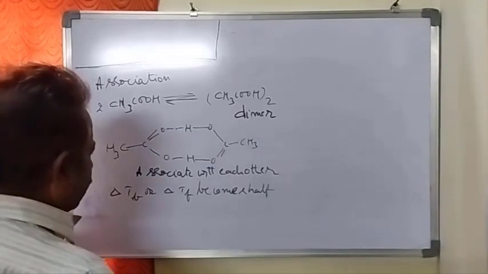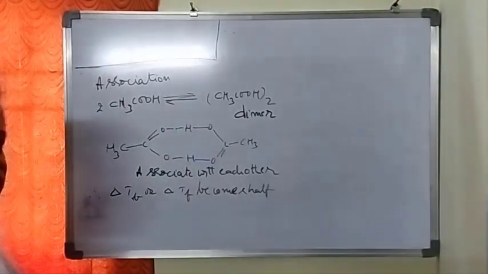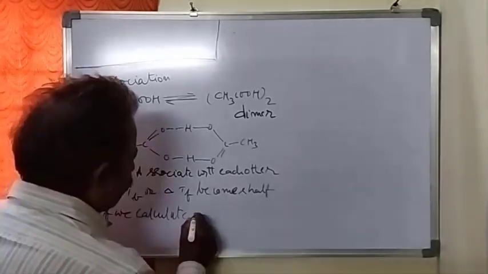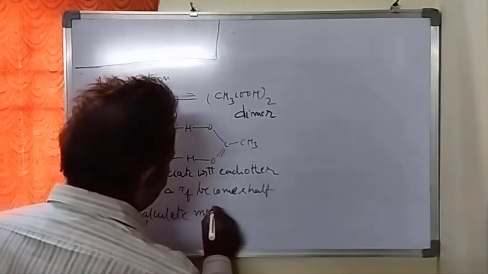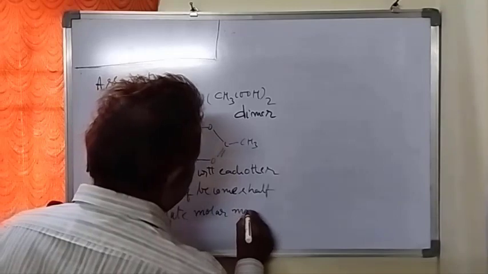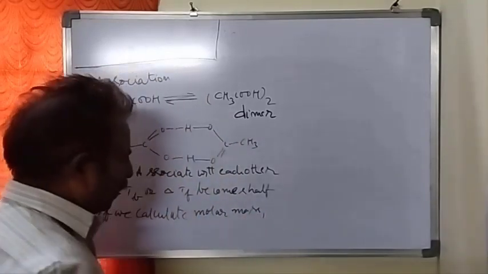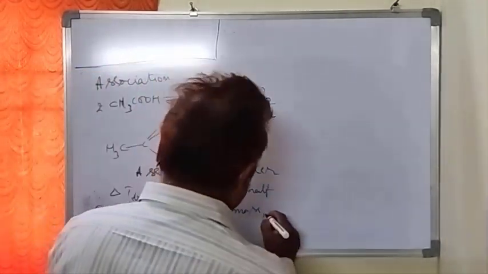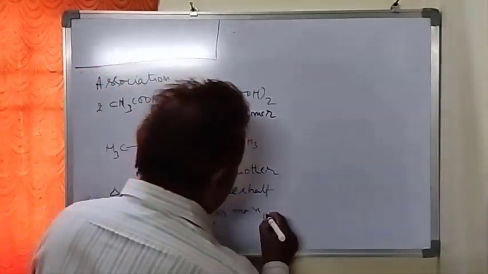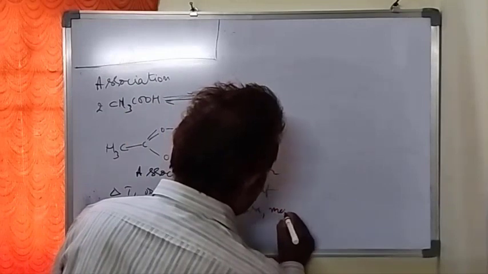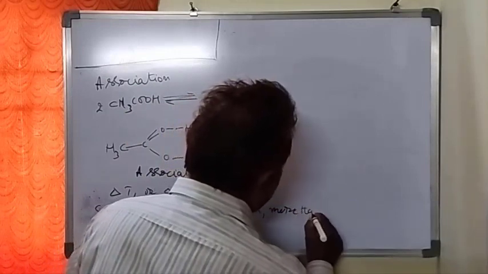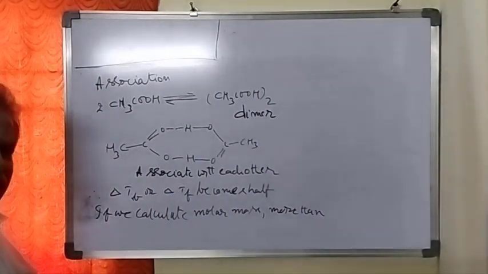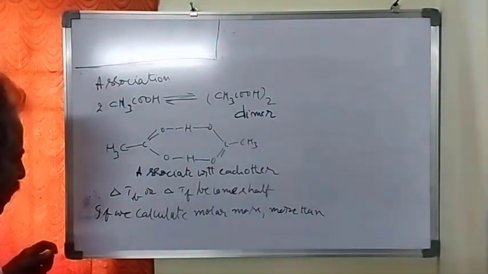Therefore delta TB or delta TF becomes half. So if we calculate the molar mass using this delta TB or delta TF, then the calculated molar mass will be more, whereas previously the calculated molar mass is less.